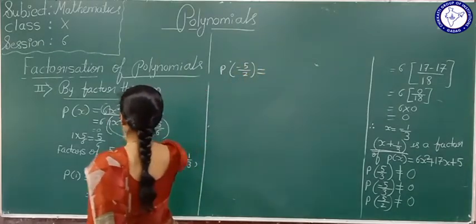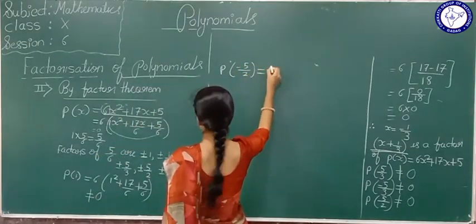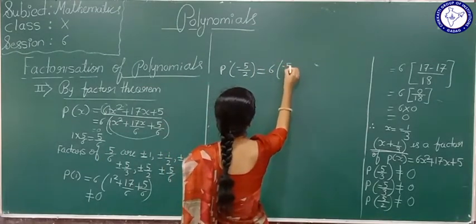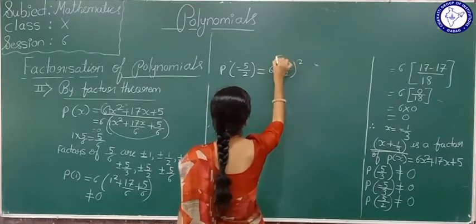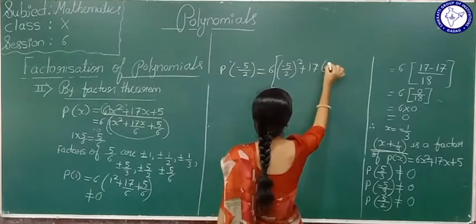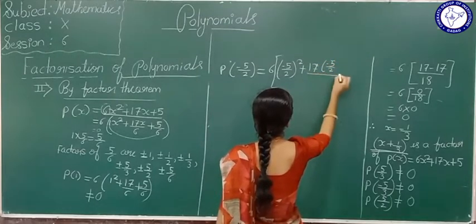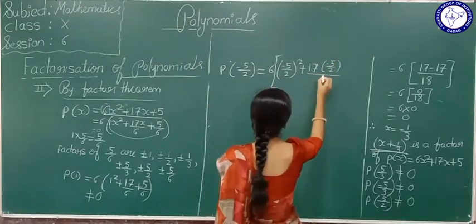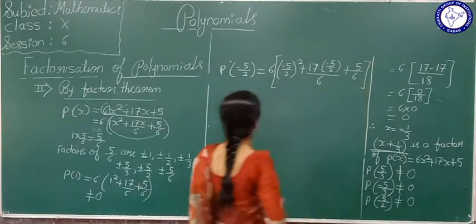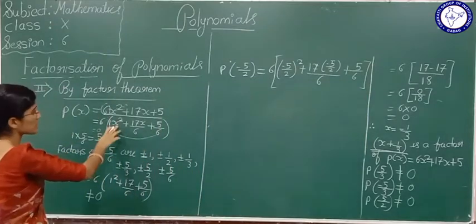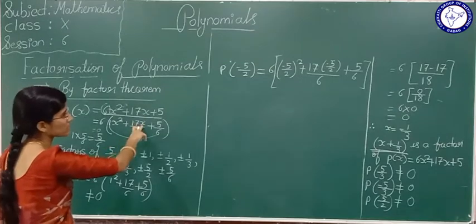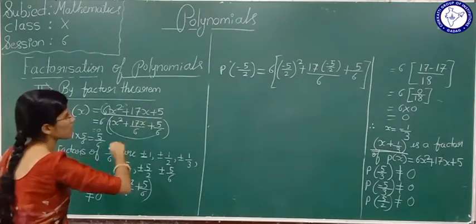Put here minus 5 by 2: 6 into x, that is minus 5 by 2, the whole square, plus 17 into minus 5 by 2, plus 5 by 6. See properly whether I substituted correctly or not.